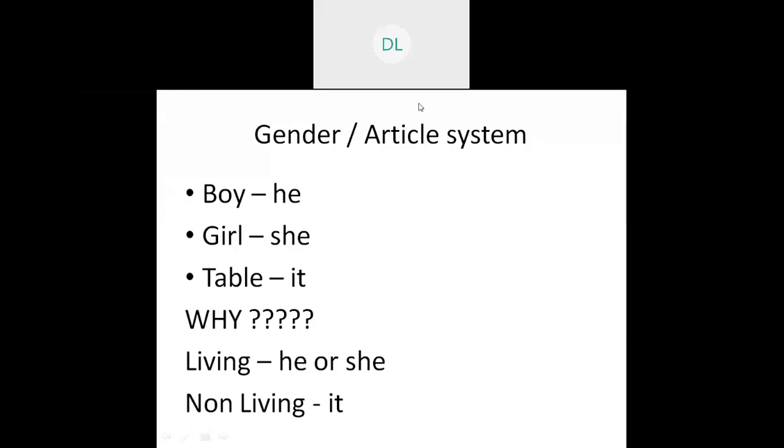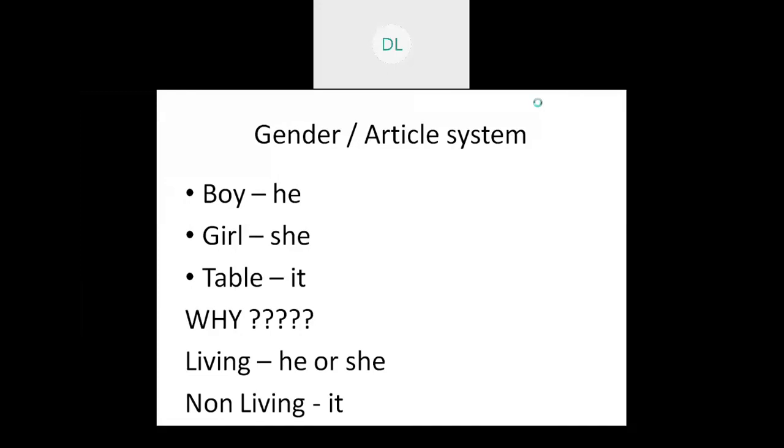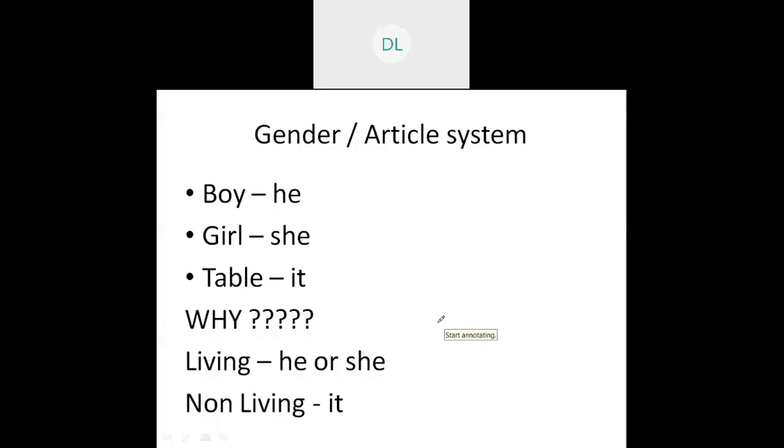I repeat, what are we discussing? I was making some sentences in English. A boy goes to school, a boy eats an ice cream, a boy wears a blue dress. So, a boy was substituted with he. Similarly, with the girl: the girl goes to school, the girl eats an ice cream, the girl wears a blue dress. I was substituting with she.